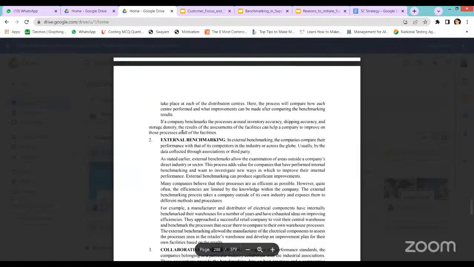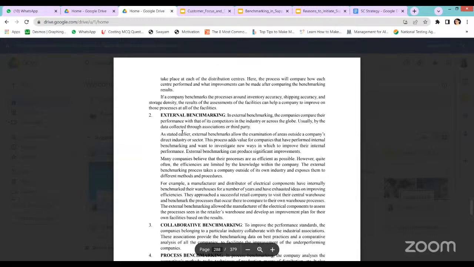The next is external benchmarking, outside the organization. Benchmarking allows you to examine areas outside the company, the direct industry or sector. How do you do this? Generally it is a little complicated because no one tells what they are following and adopting.